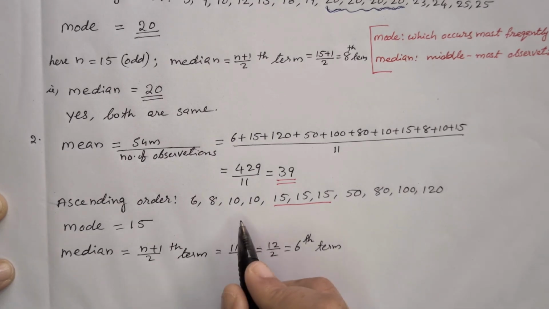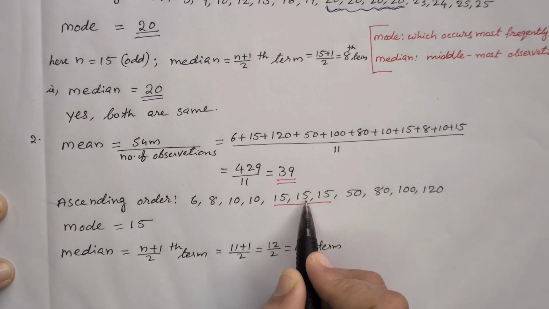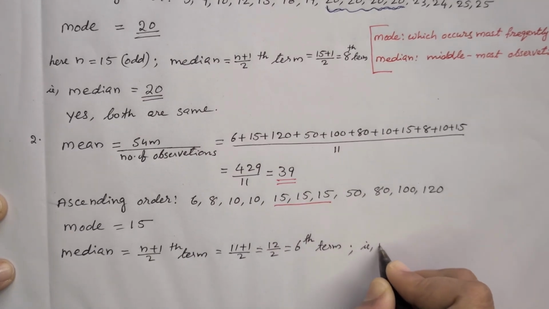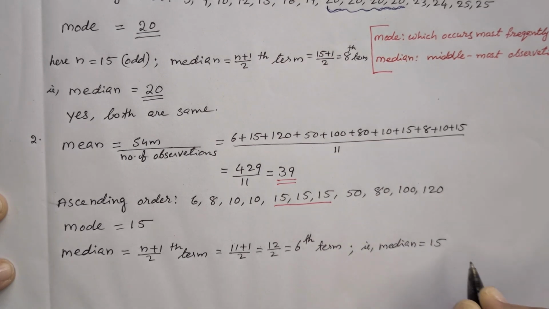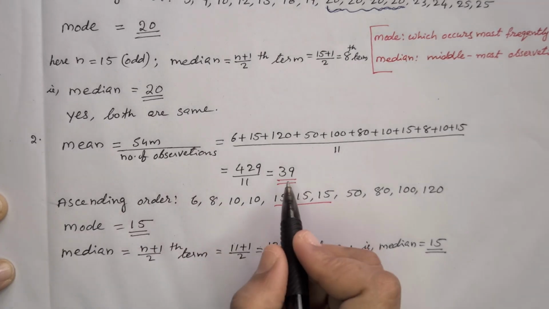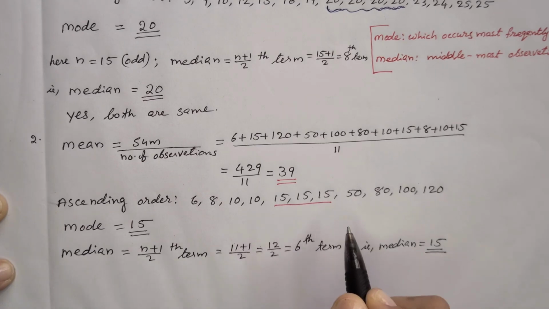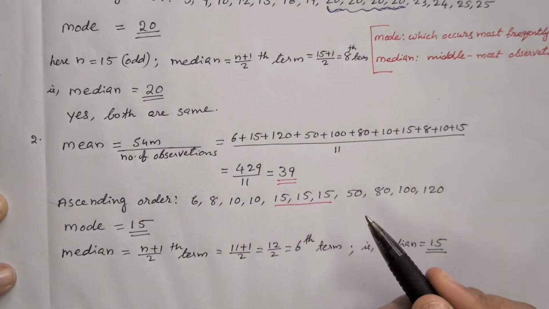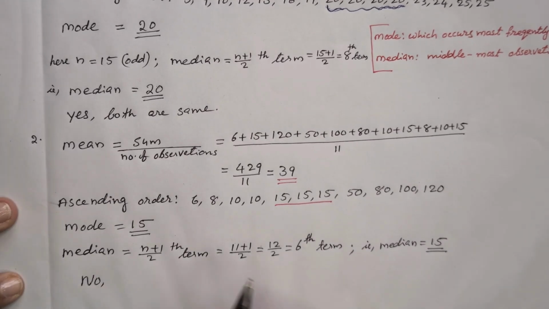Now this is in ascending order. 6th term, 1, 2, 3, 4, 5, 6, that is 15. So median is equal to 15. Now we got median as 15, mode also 15, but mean is 39. Are the three same? No, these three are not same.